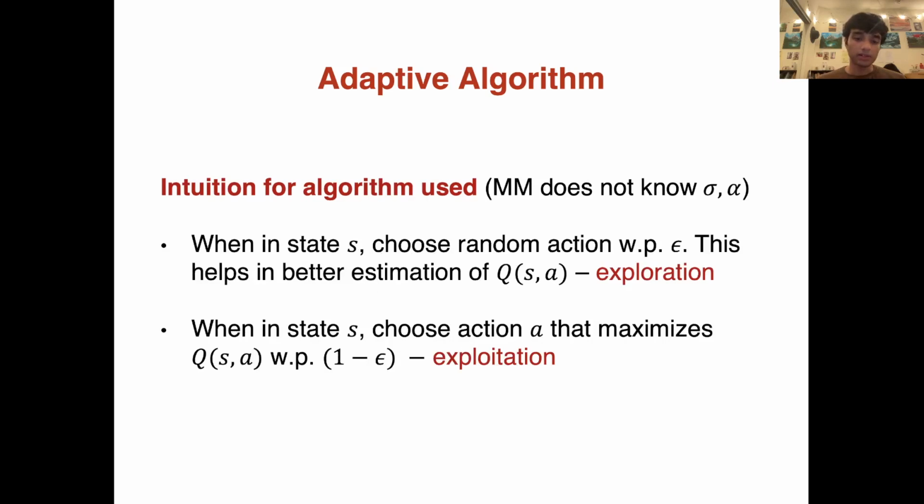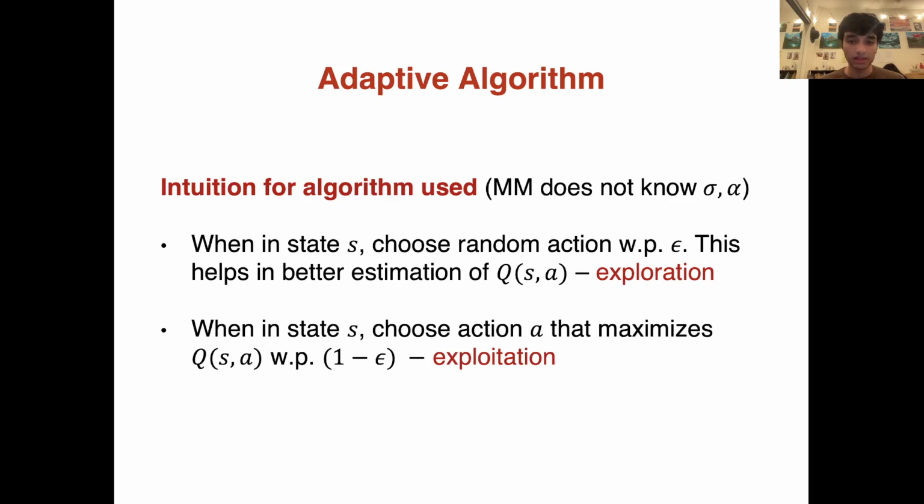Next, when the algorithm is in state S, we choose random action with probability epsilon. This helps in better estimation of this Q function for different S and A values. This phase is called the exploration, and we choose an action that maximizes this Q function with probability 1 minus epsilon, and we call this phase the exploitation.